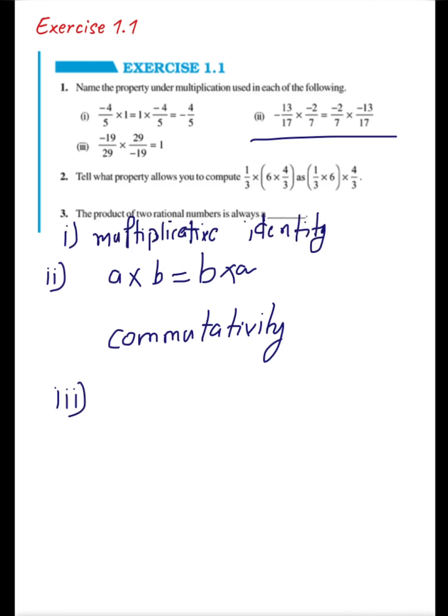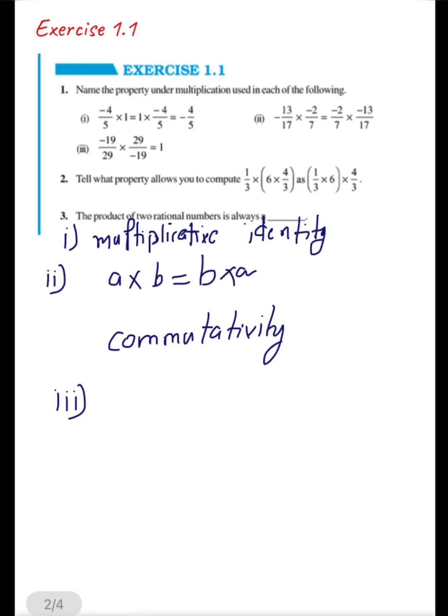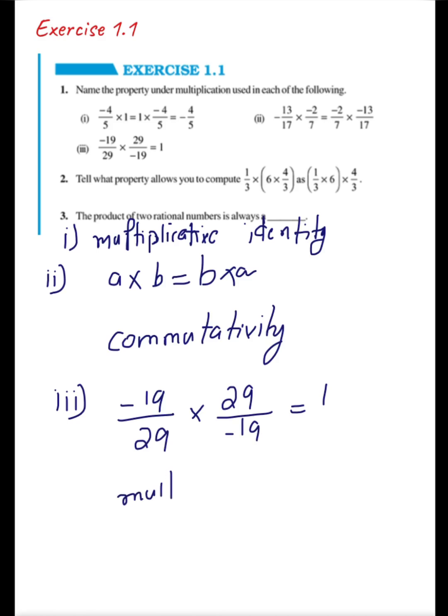Now let's see the third question: minus 19 by 29 into 29 by minus 19 equals 1. You are interchanging the denominator and numerator and multiplying, then the answer will be 1. What property are you using here?